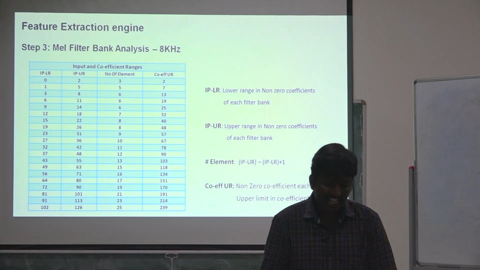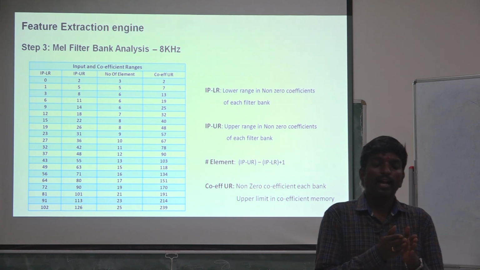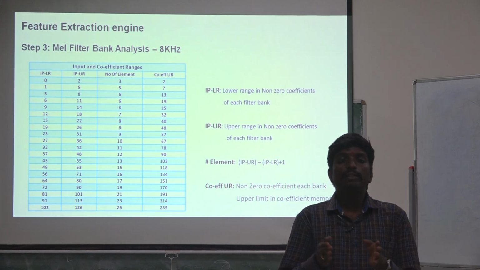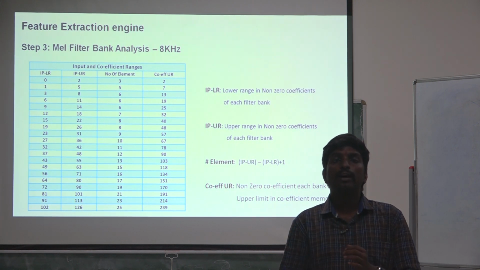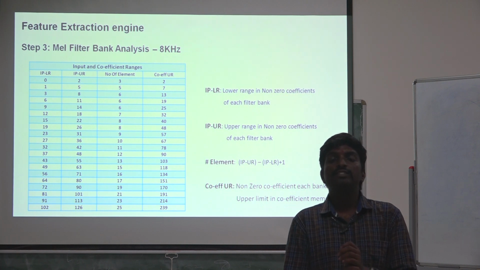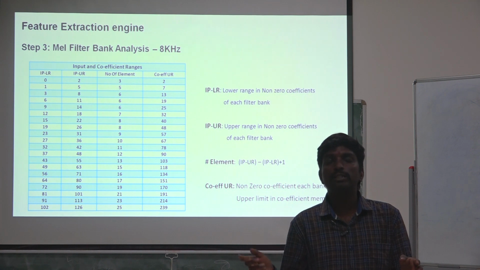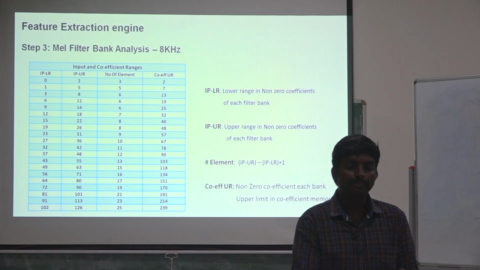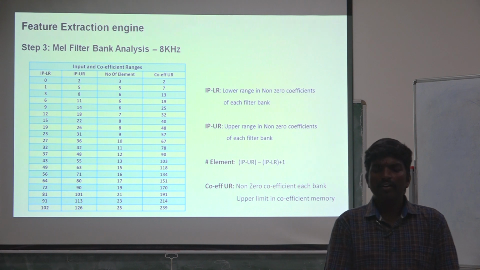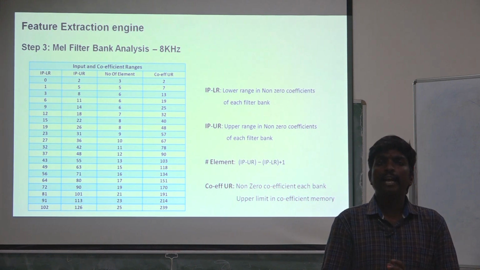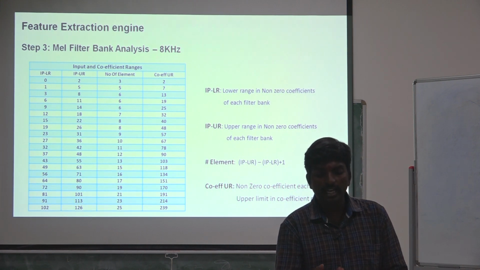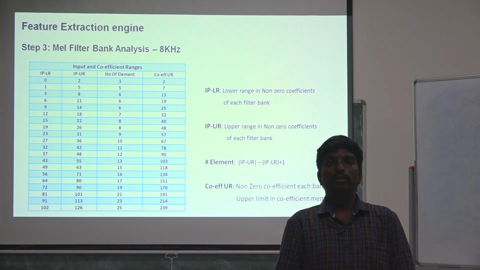So why are we analyzing this? As I said, the computation time required for this entire feature extraction is restricted to 80 clock cycles for the 8 kilohertz and 160 clock cycles for the 16 kilohertz. Here, if you observe, we need to read 239, that means 0 to 239, which is 240 elements.